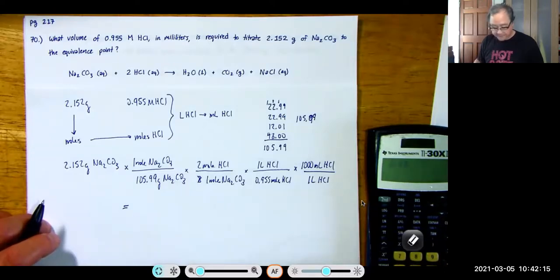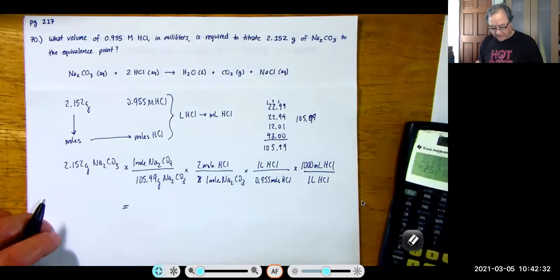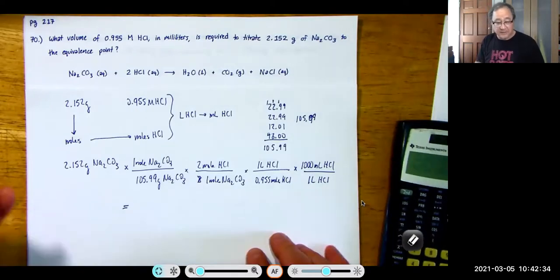2.152 times 2 times 1,000 divided by 105.99 and divided by 0.955. And my estimate is way off. I got, what did I say my estimate was?